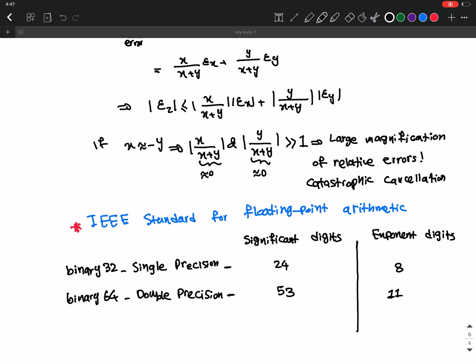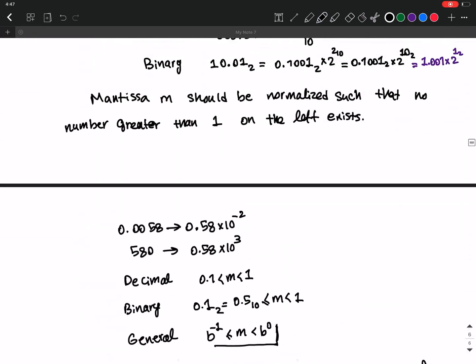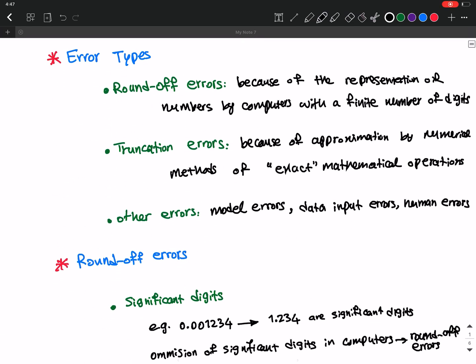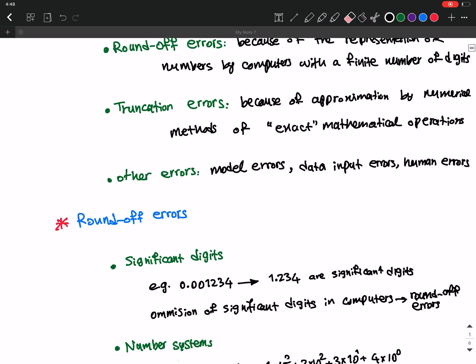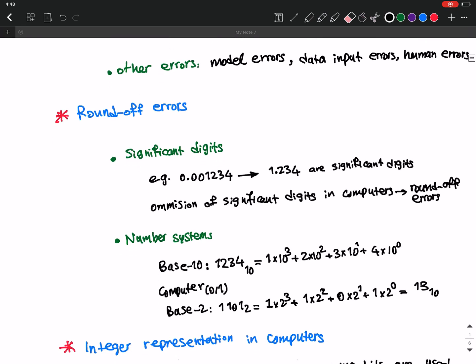These are standards for arithmetic operations of floating points. Okay, so let me review what we learned today. Today we mostly talked about different error types: round-off errors, truncation errors, and other types of errors that can occur when you try to solve a problem or PDE numerically. Then we focused on round-off errors.